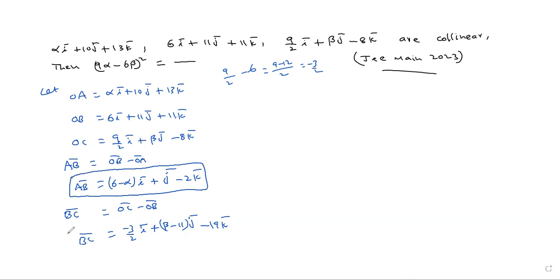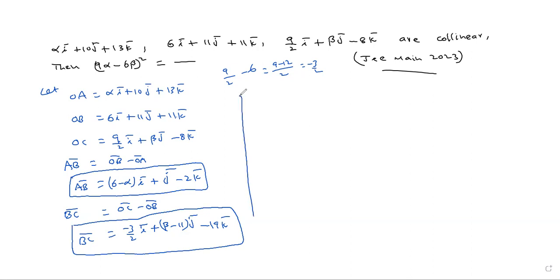An easy journey with a simple collinear concept. If three points are collinear, that is, OA, OB, OC are collinear, then the vector AB is parallel to BC. That is the only concept.